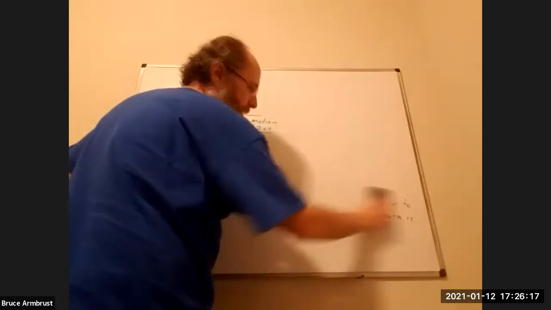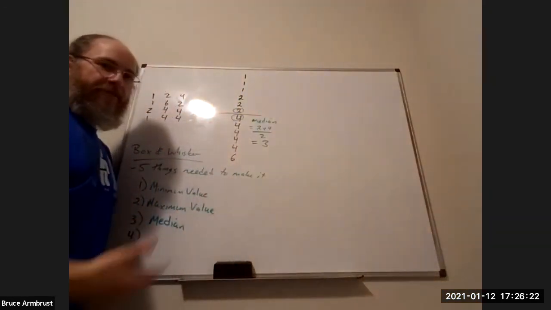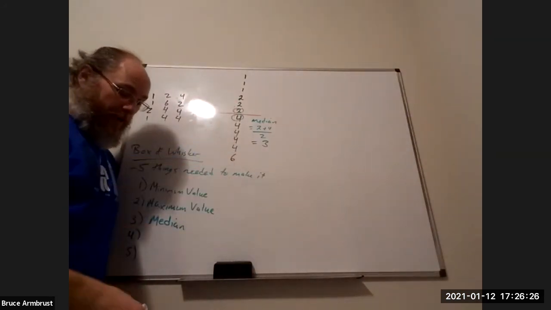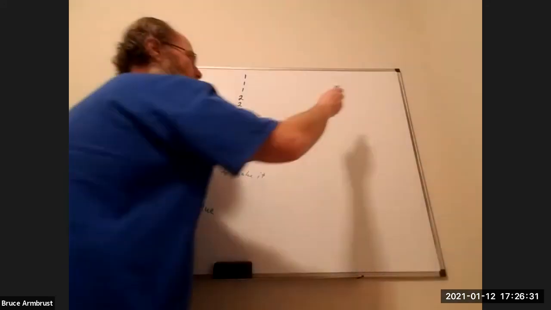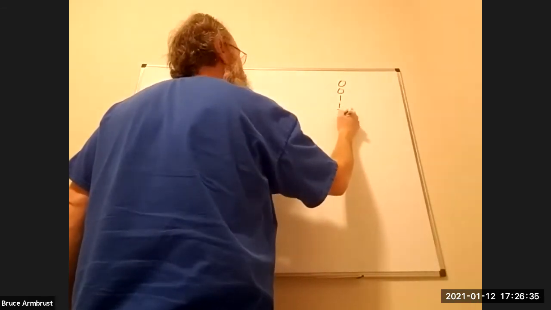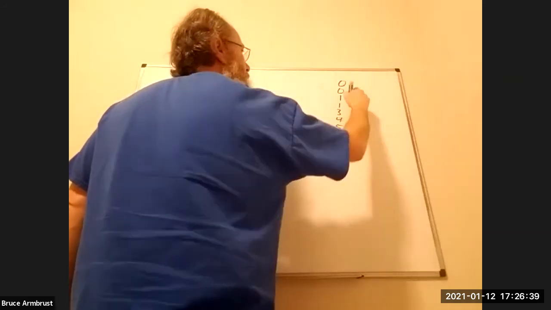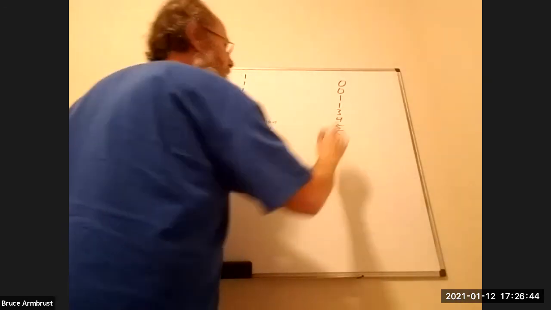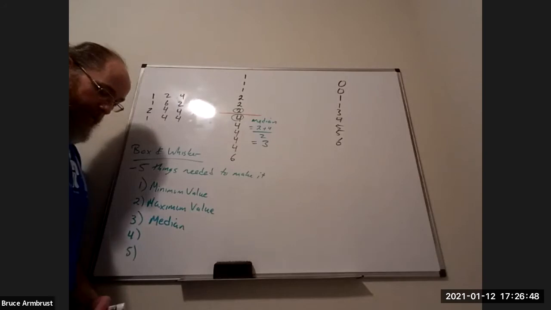Now, sometimes when you try to cut the data set in half, it doesn't get cut in half evenly. We had an even list here. What if we had an odd number of responses? So let's say we did the same thing. And these were the 9 responses we got to how many siblings do you have.